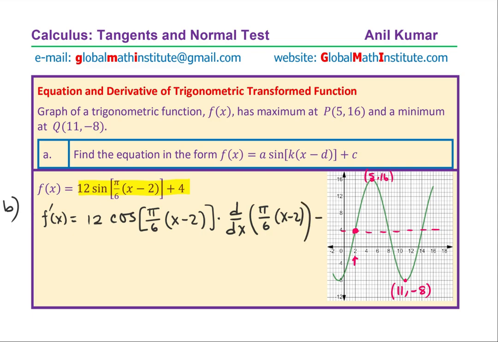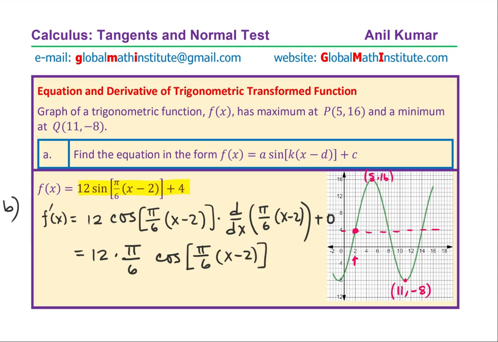Derivative of 4 is 0, so let me write 0 here. Okay. So that gives you the value as 12. Derivative of pi by 6 times x will be pi by 6, right? So times pi by 6. Cos of pi by 6 times x minus 2.